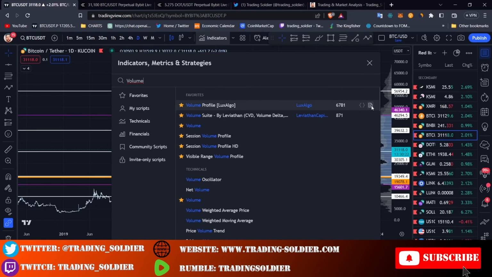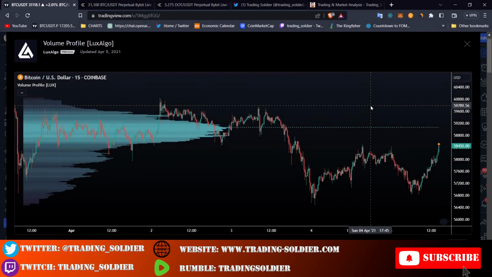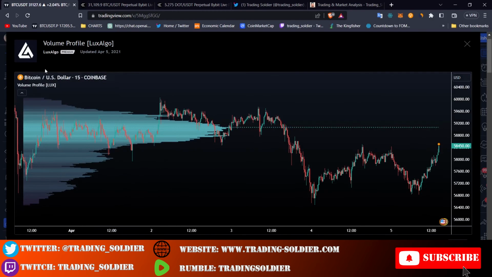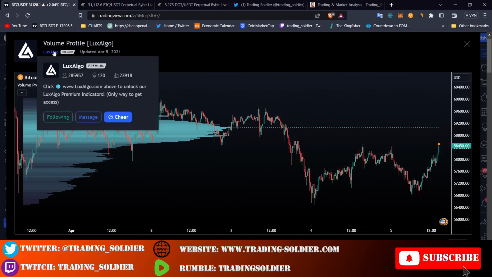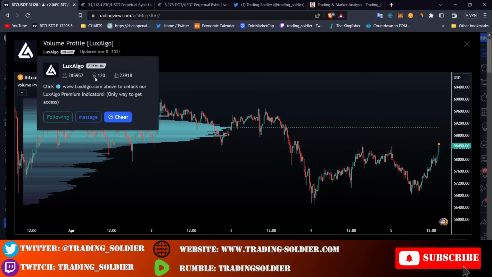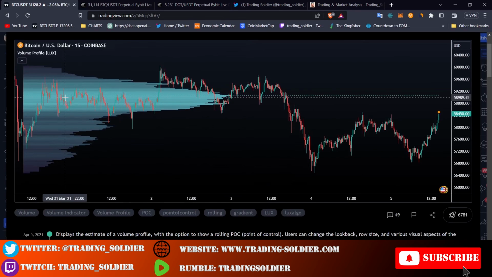This indicator is the same indicator that TradingView offers in the paid version, the only thing is that it is from another account, from another person that has published this. LuxAlgo is a company that sells indicators, so it is trustworthy. They have a lot of followers, and here you can also find a lot of indicators from them. But this is a way that you can use this indicator with your free version of TradingView.